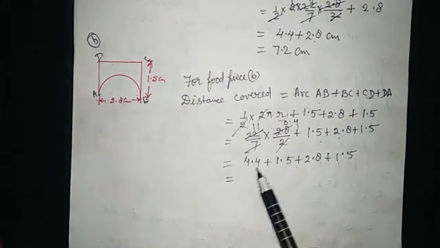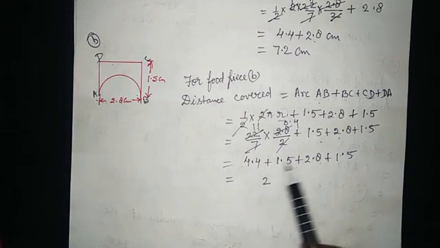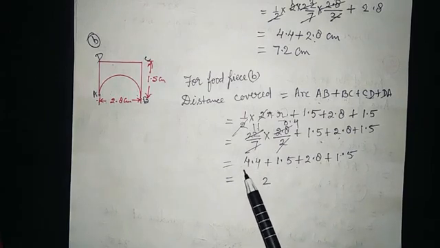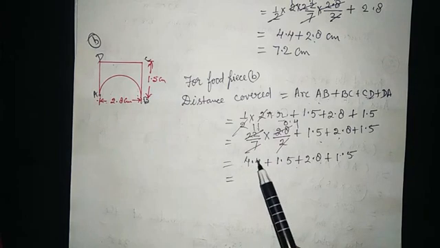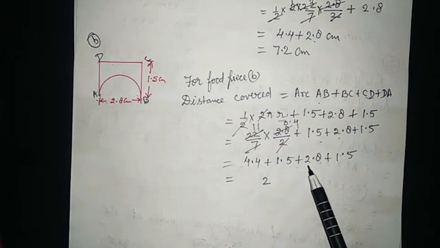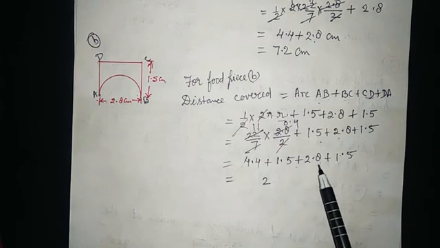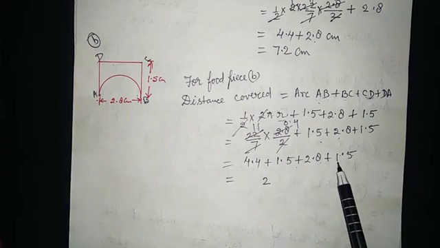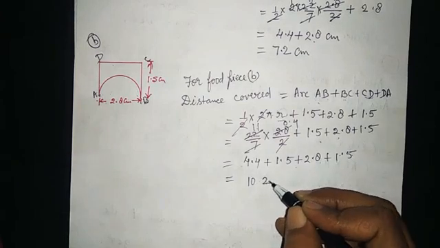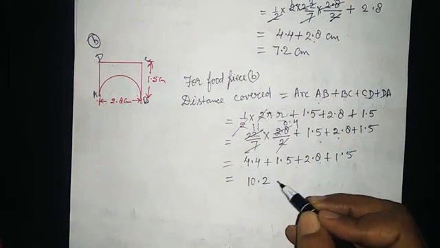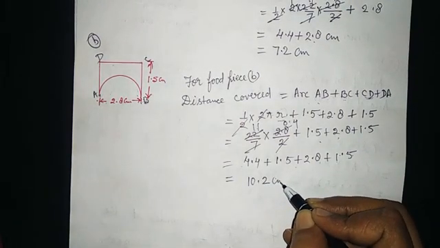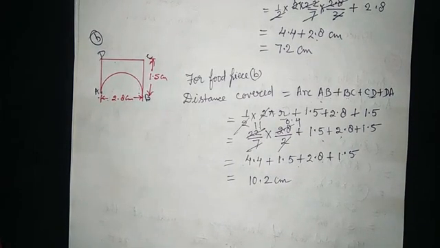Here carry 2. Now we will add this side numbers. 4 and 2 6, 6 and 1 7, 7 and 2 9, and 9 and 1 10. Okay, so here 10 is coming. 10.2 centimeter.